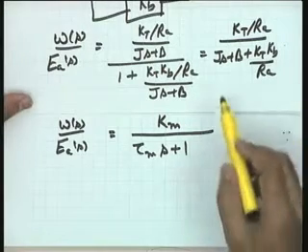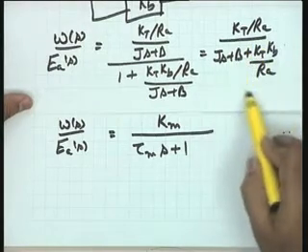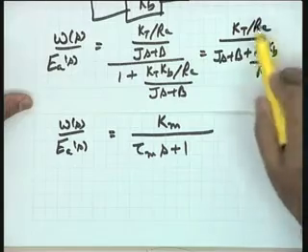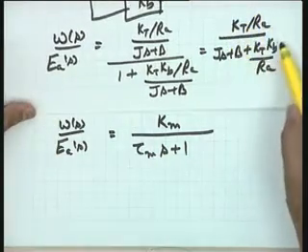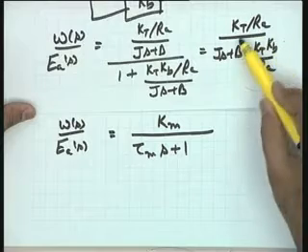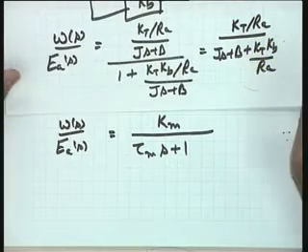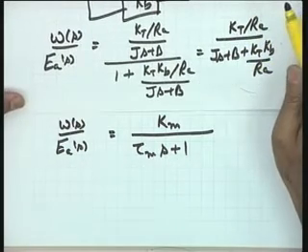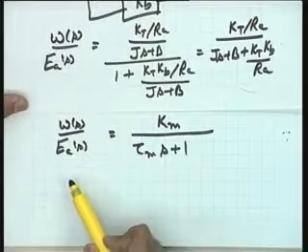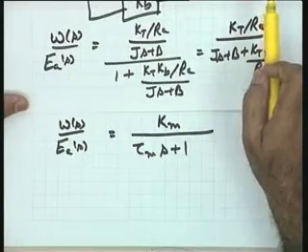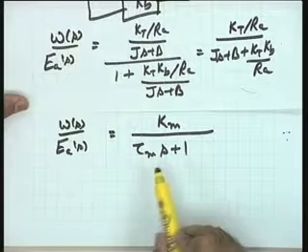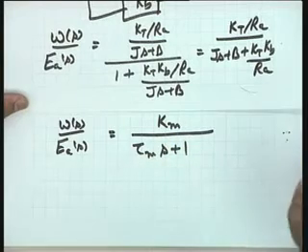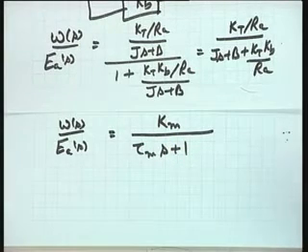Tau m will become J divided by this total unit, and Kt by Ra divided by this total term becomes your system gain or the motor gain constant Km. So, the motor transfer function between the output omega and the input Ea is a first order transfer function, Km over tau m s plus 1. Please store it in your memory, I will be requiring this information quite often.